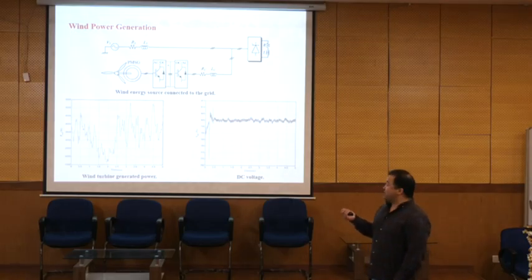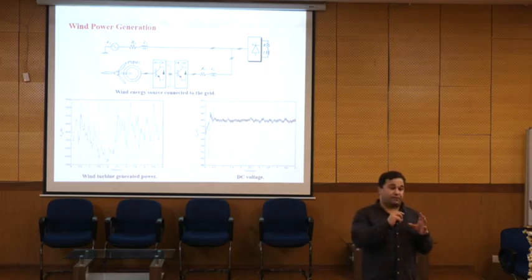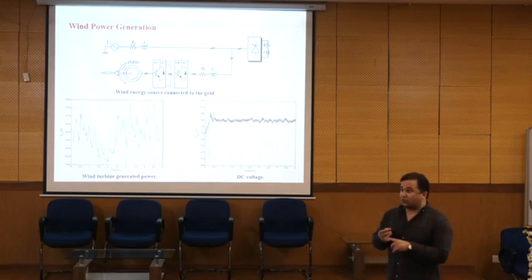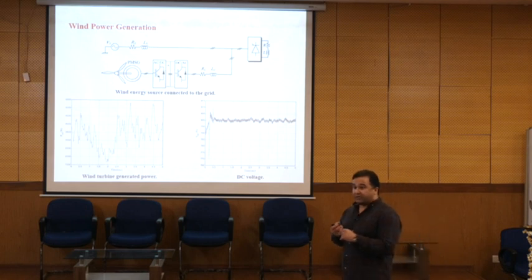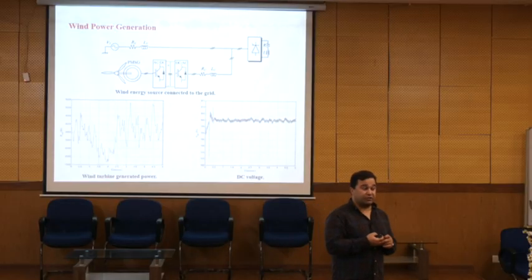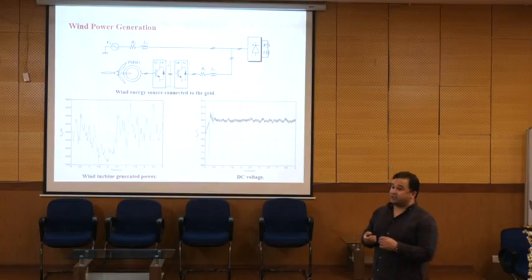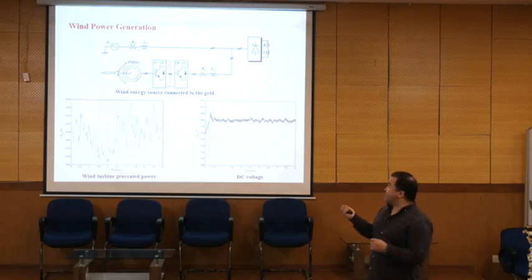So you cannot use this for the load because we need high quality power with constant frequency and voltage. So for this case, we need a rectifier here to change the power from AC to DC, and then we need the regulator here.